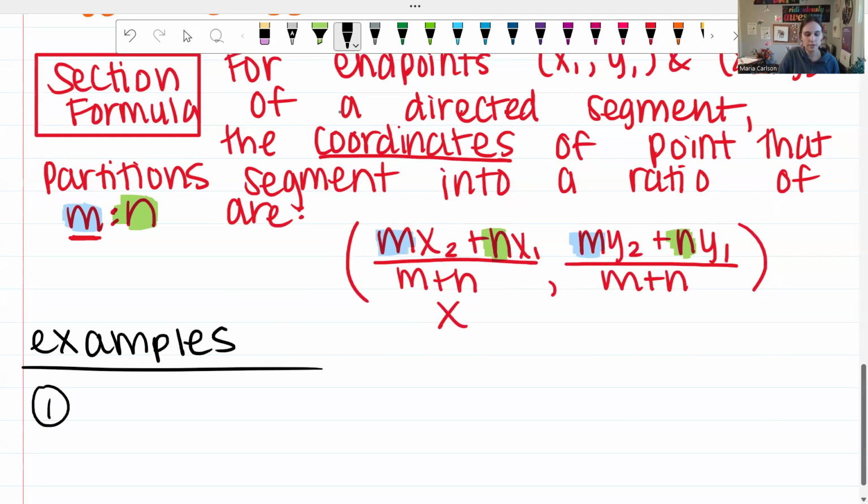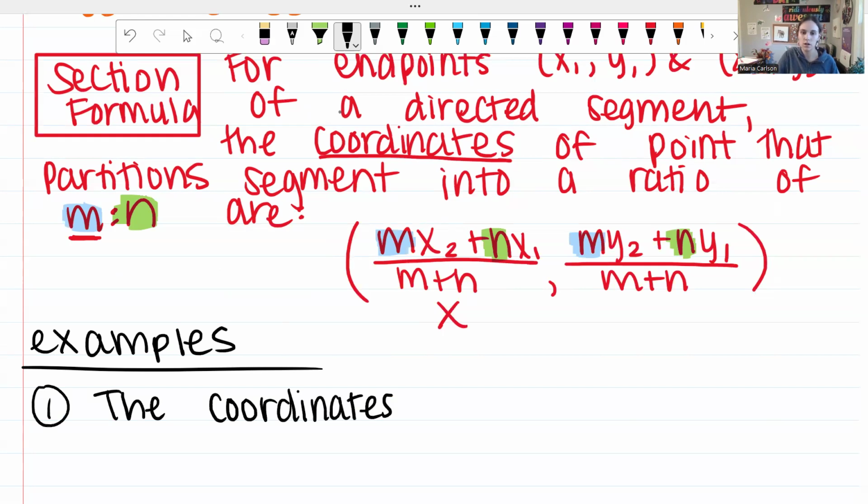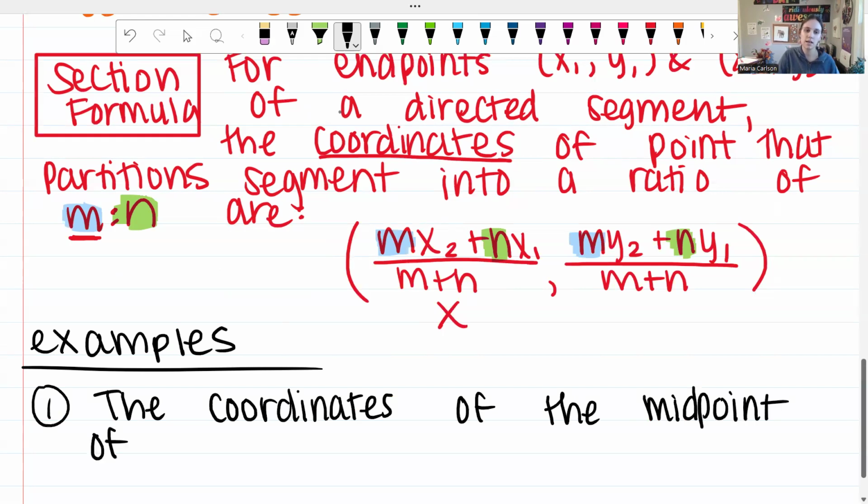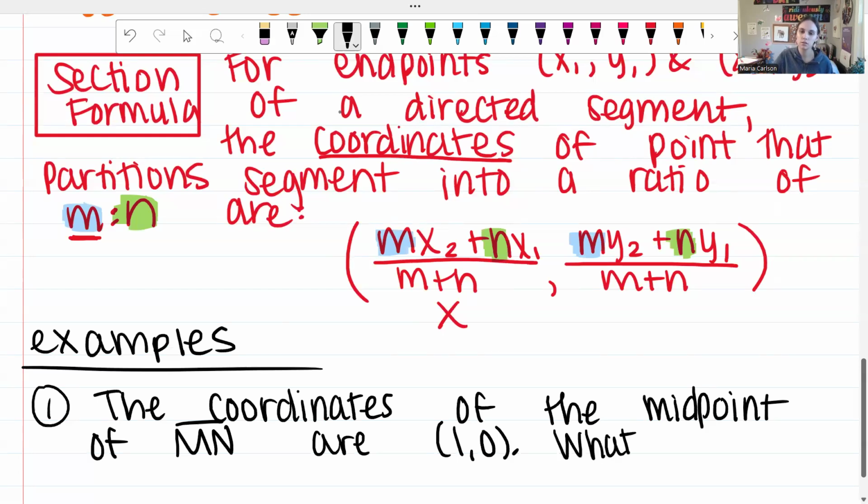So number one, the coordinates of the midpoint of segment MN are 1, 0.